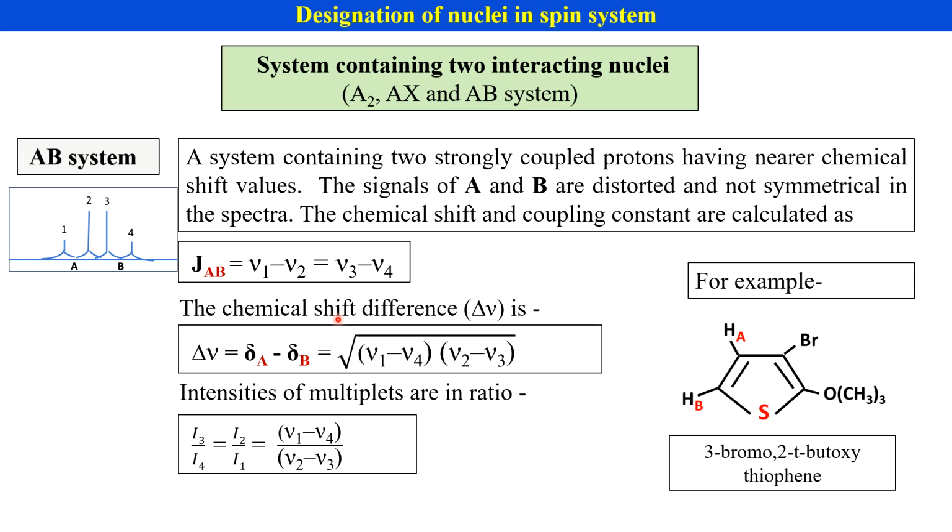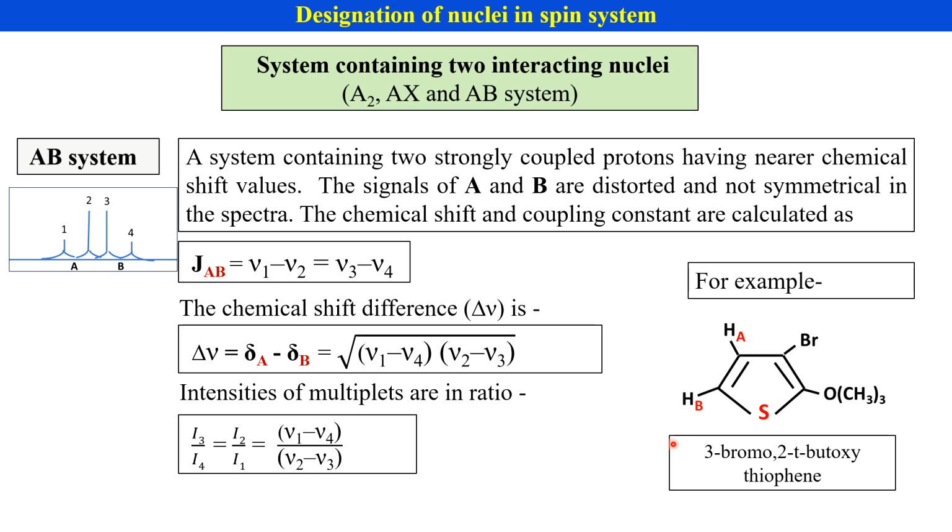And the chemical shift difference is calculated by using the equation delta nu is equal to the square root of (nu1 minus nu4) into (nu2 minus nu3). And the intensities of the multiplets are in the ratio I3 divided by I4 is equal to I2 upon I1, that is equal to (nu1 minus nu4) divided by (nu2 minus nu3).